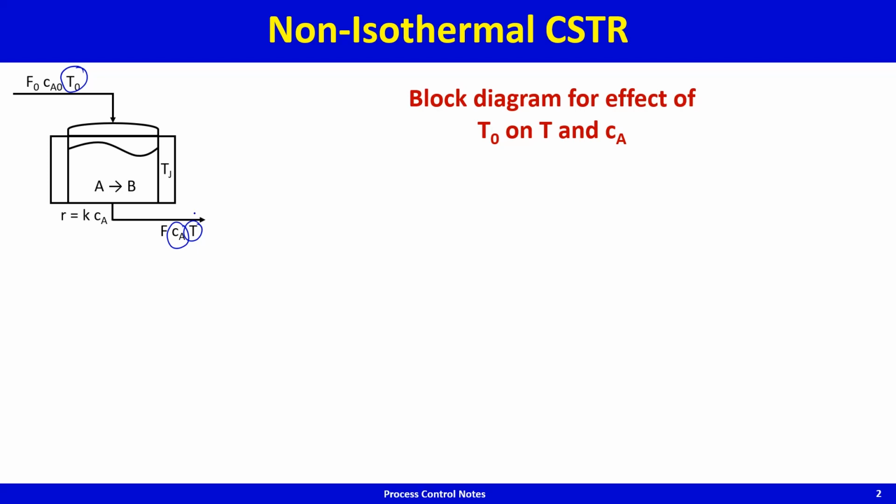That's what we are interested in. We want the block diagram for the effect of T naught on T and Ca. So if you think about it, if T naught changes, obviously there will be an immediate direct effect on T.